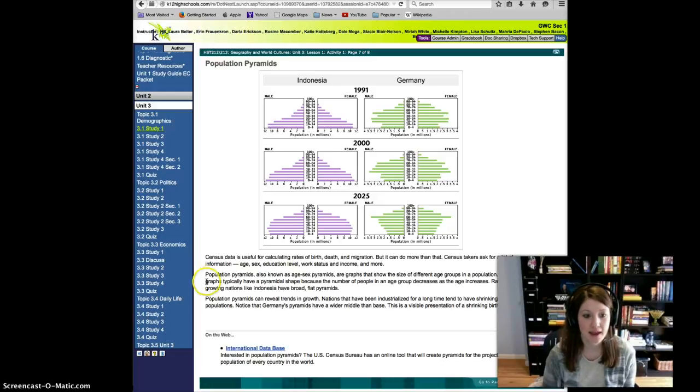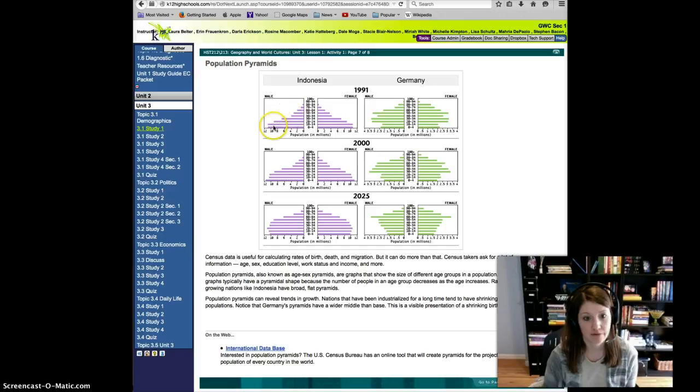These graphs typically have a pyramid shape because the number of people in an age group decreases as the age increases. So if you look at this, for instance, in Indonesia, as the age increases, people are more likely to die. So the larger the bar, the more people at that given age.